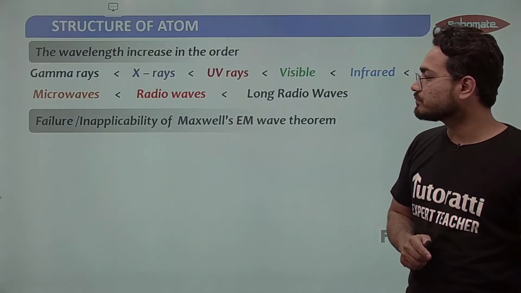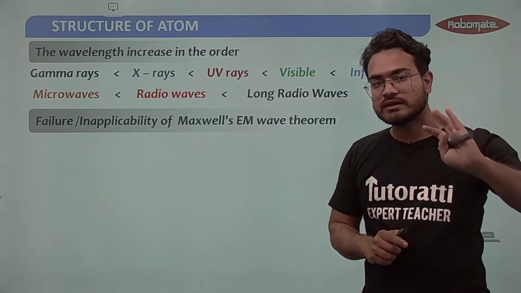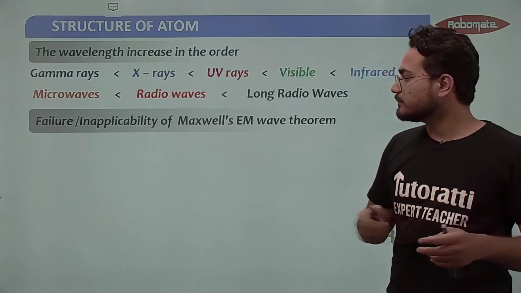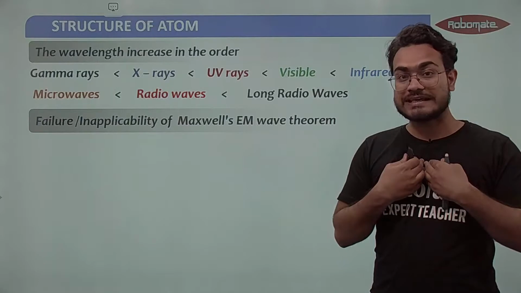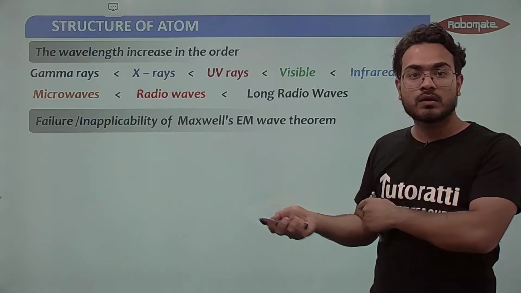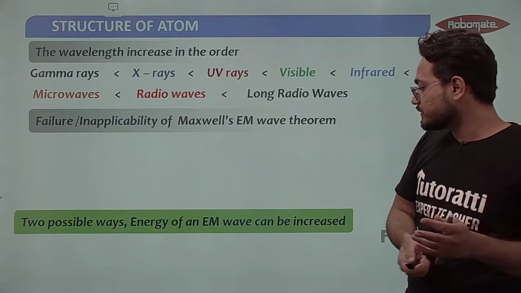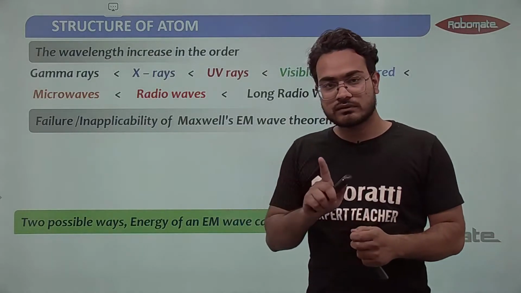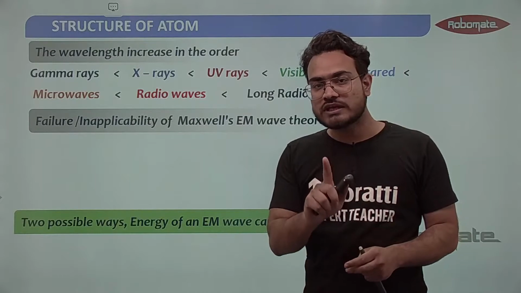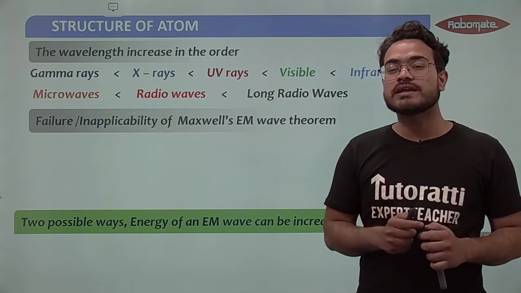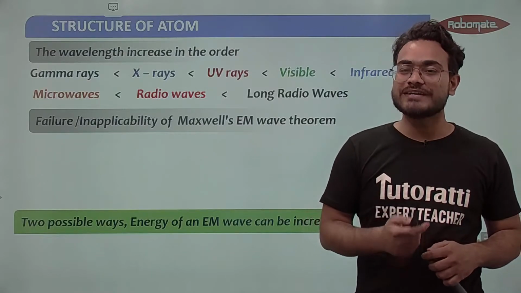Now I told you in the earlier session that Maxwell was wrong. Why? Because Maxwell told us that the electron is losing energy in a continuous manner.